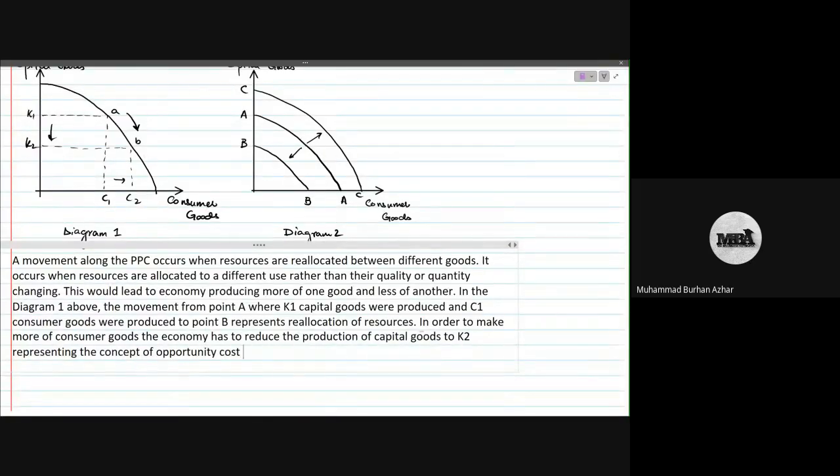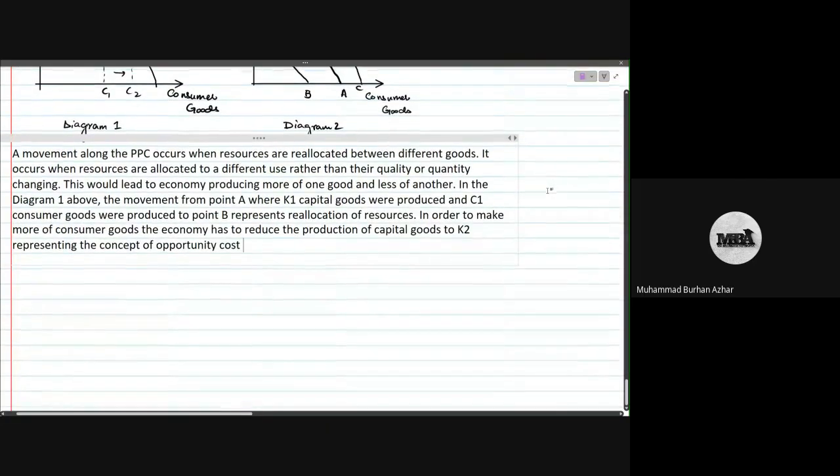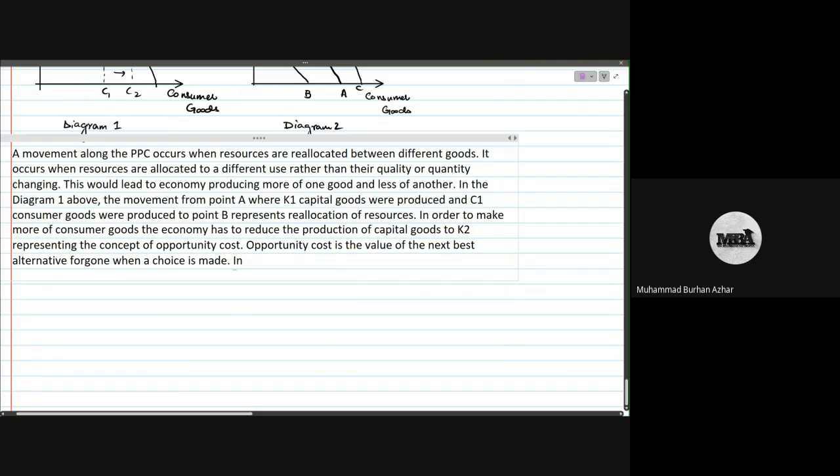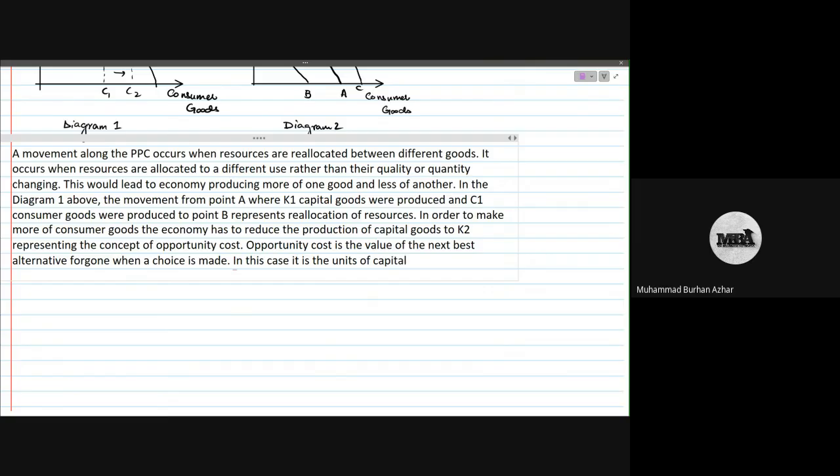And whenever we introduce a new term in economics, we explain it. So opportunity cost is the value of the next best alternative foregone. When a choice is made, in this case, it is the units of capital goods given up.